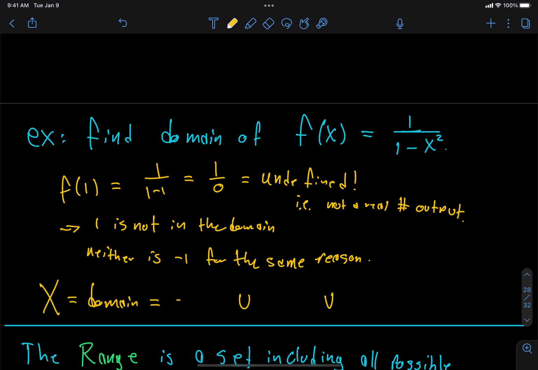Negative infinity up to what? 1? Negative 1. And should I have a bracket or a parentheses? Why a parentheses and not a bracket? Can you explain? Because negative 1 is not in the domain, right? We just determined negative 1 is not in the domain. So we should not include it. We should exclude it. Okay, now what comes next?